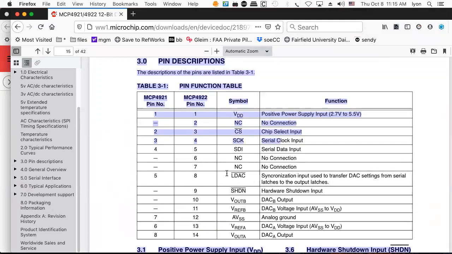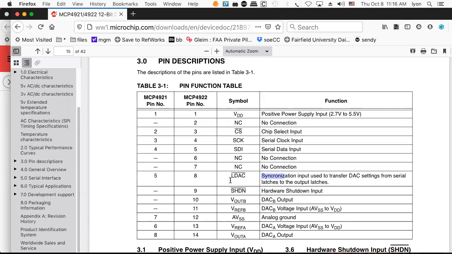There's also a little protocol thing that goes on with the LDAC input on these things, which essentially does a latch transfer from the internal DAC to the output latches. And so LDAC has to be asserted low in order for that transfer to occur.